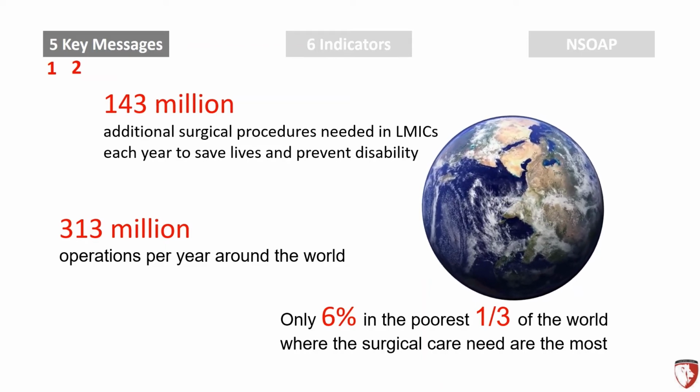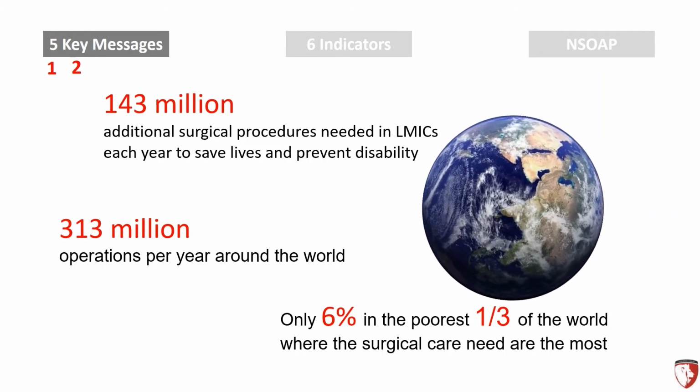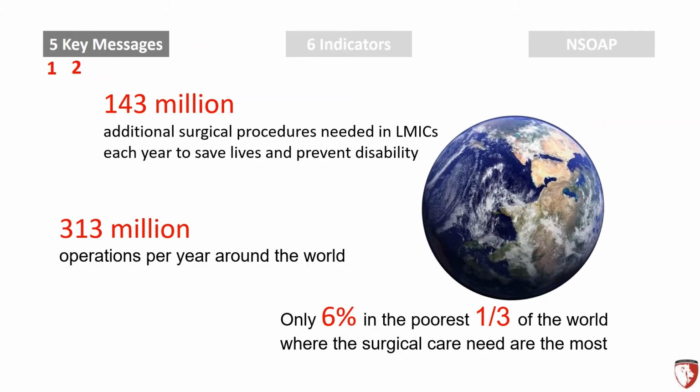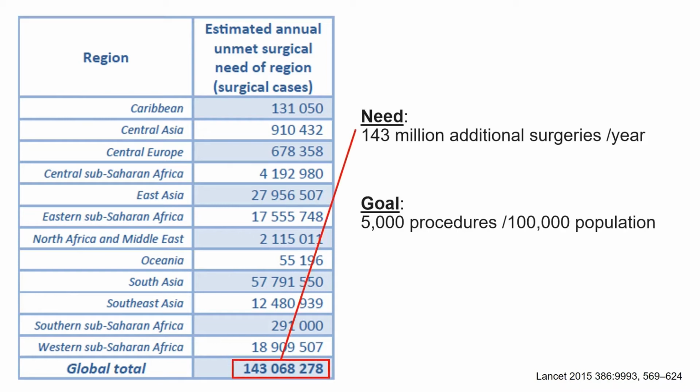Low operative volumes are associated with high case fatality rates from common treatable surgical conditions. Unmet need is greatest in Eastern, Western, and Central Sub-Saharan Africa and South Asia. As a result, by 2030, 2.28 million additional surgeons, anesthesiologists, and obstetricians are needed to provide the additional 143 million procedures needed per year.